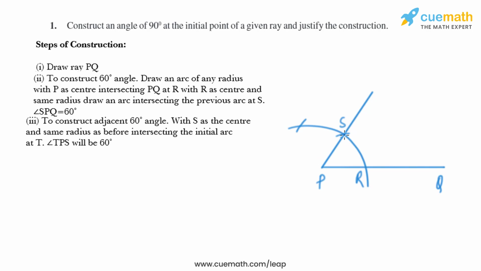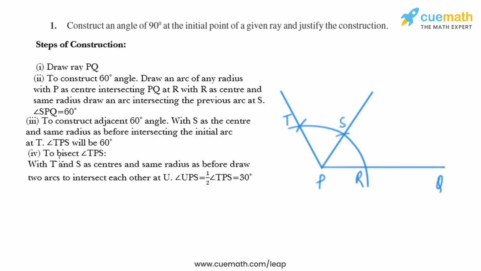Now with S as the center, we will draw another arc using the same opening of the compass that intersects the initial arc and we will mark it as T. So this point of intersection between the two arcs is known as T. Now we have got angle TPS that is 60 degrees.